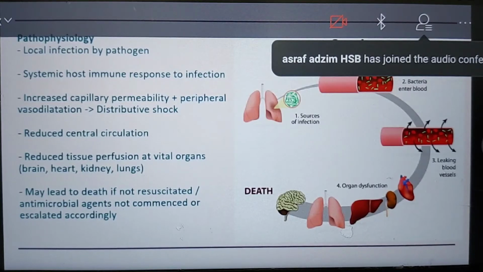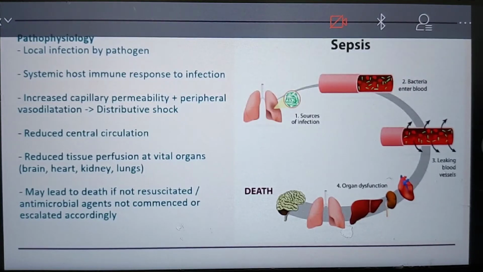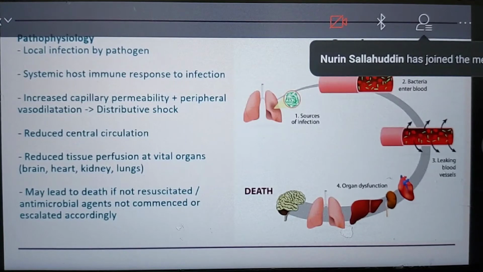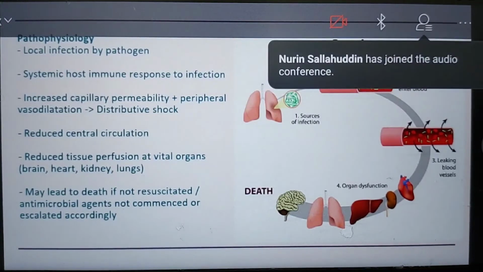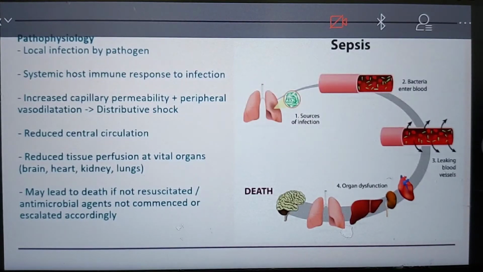When reduced central circulation happens, this will reduce the tissue perfusion at our vital organs, which we have 4: brain, heart, kidney and lungs. This will lead to death if not resuscitated or if antimicrobial agent is not started and escalated accordingly.